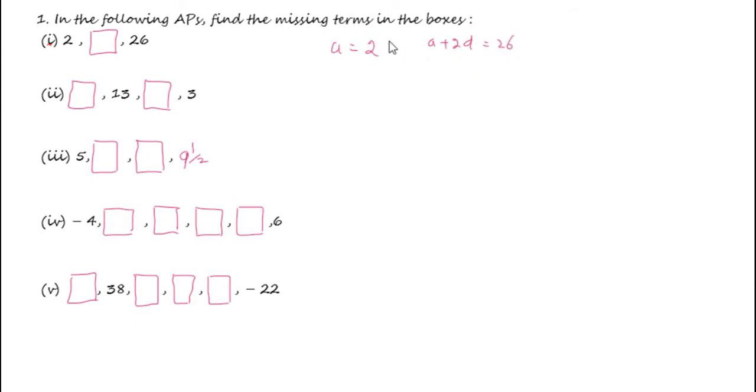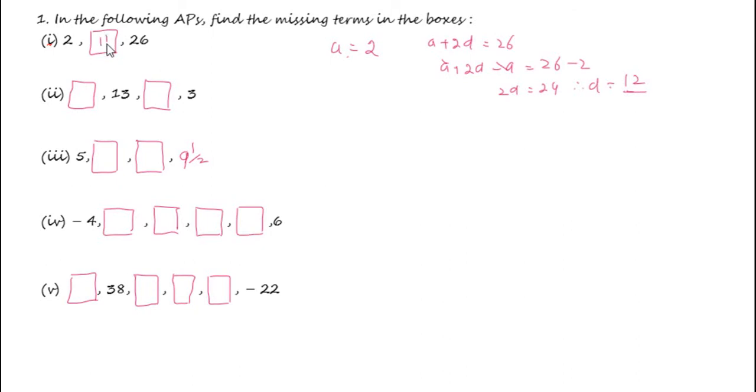Now subtract this one from this. So A plus 2D minus A equal to 26 minus 2. So A cancels. 2D equal to 24. Therefore D equal to 12. Since D is equal to 12, this is A plus D, so this is 2 plus 12.